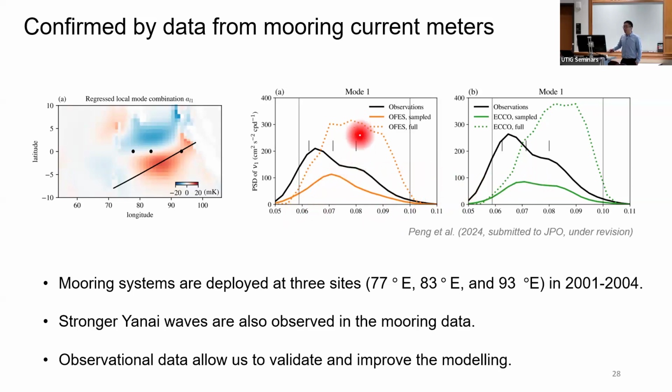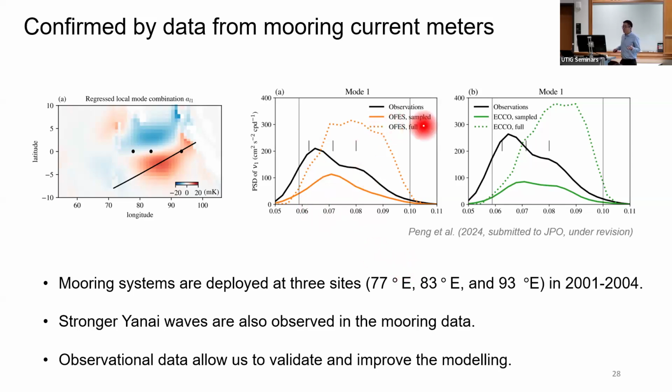So this one is for Orpheus, and this one is for Echo. I would draw your attention to the solid lines, because the solid lines here are their modeling results sampled at the mooring depths. And you can see for both of them, the amplitude is lower than the mooring observational data, consistent with our results.